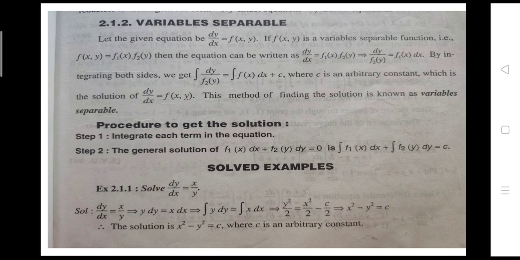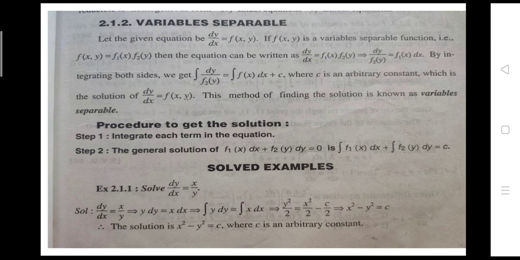Now integrate both sides, that is integration of y dy is equal to integration of x dx. Integration of y dy is equal to y square by 2. Integration of x dx is equal to x square by 2, and constants are there, that is c, written as y square by 2 is equal to x square by 2 minus c by 2, and this is also written as x square minus y square is equal to c only.